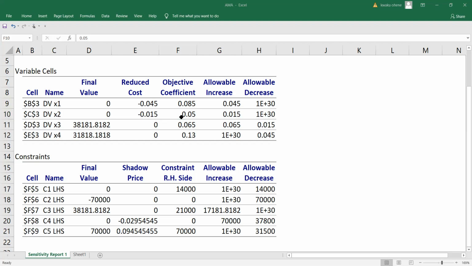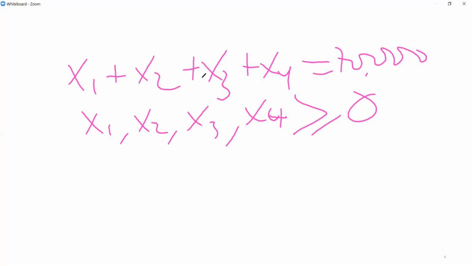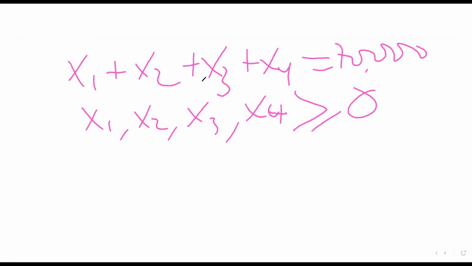Now let me show you in the situation that we're in. The corresponding maximum investment return is asking you to tell me the final value of the total investment. Remember that we had X1, X2, X3, X4, each of them multiplied by their coefficient.